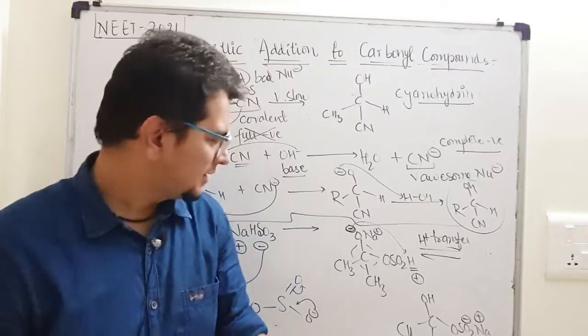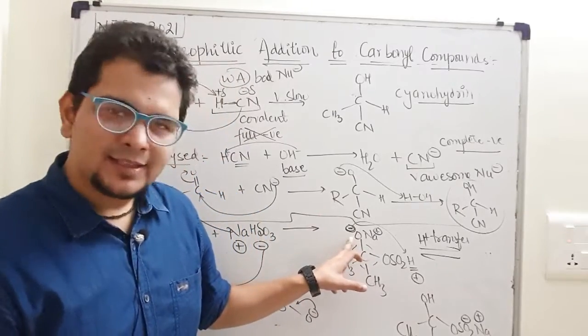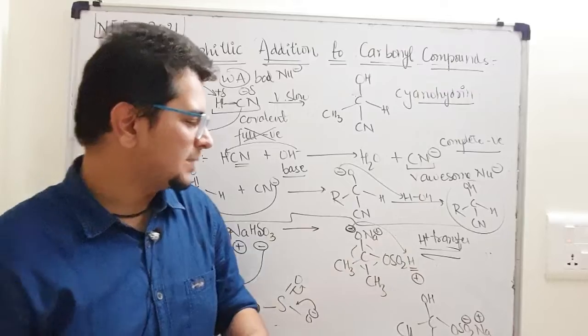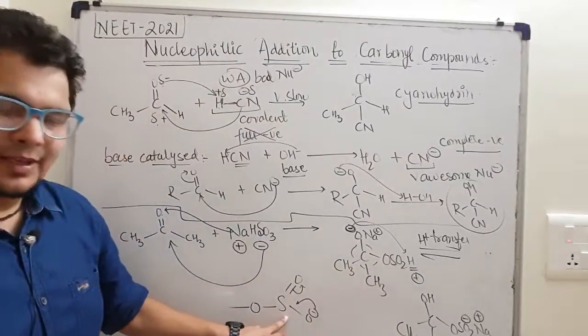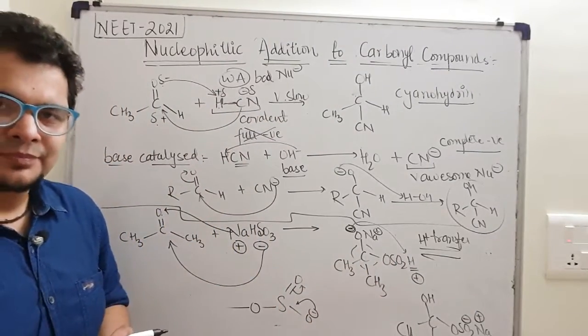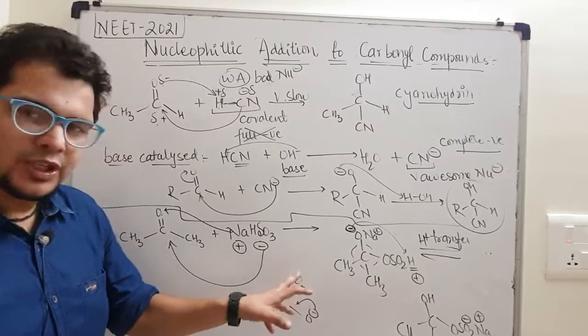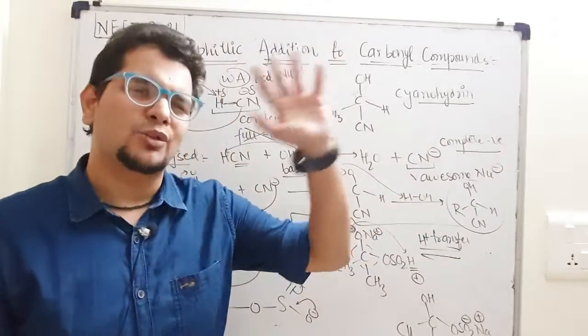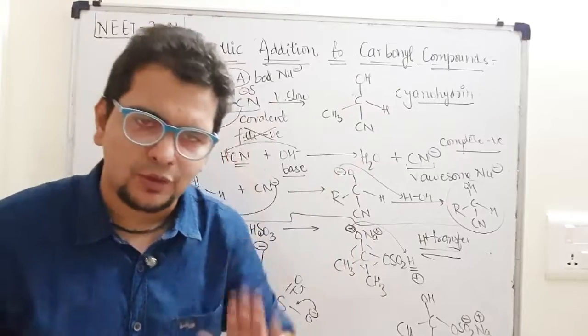That's what the family is for. So this O minus needed this H plus more desperately. The SO2 minus group here was still having some stability due to conjugation. So they sacrificed, ki chalo theek hai bro, take this H plus with you, no problem at all.